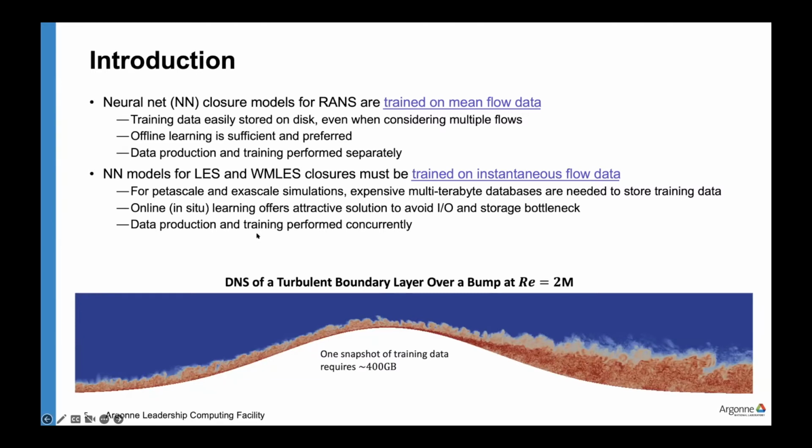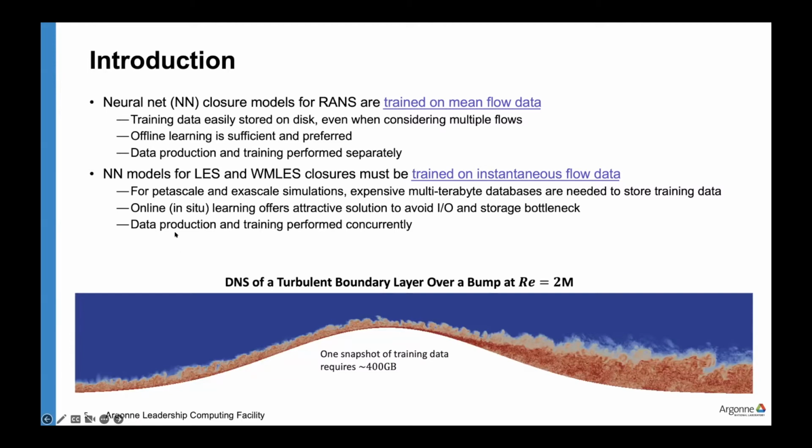As our simulations approach petascale or even exascale in the future, this means that if we were to save all this instantaneous training data to disk, we would need very large multi-terabyte databases. So what we are trying to develop is this online or in situ learning framework, which allows us to bypass this problem of saving all these checkpoints and solutions to file entirely.